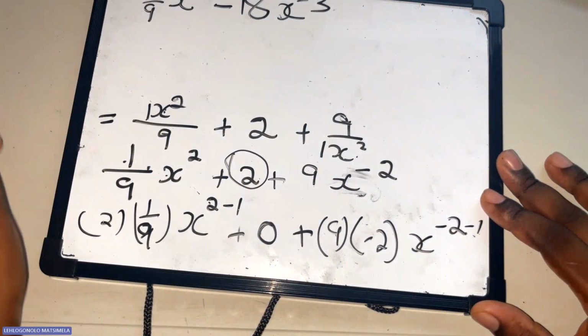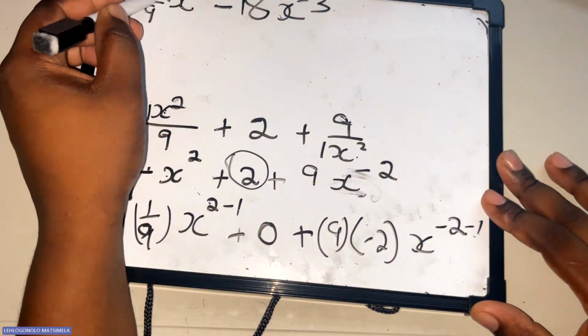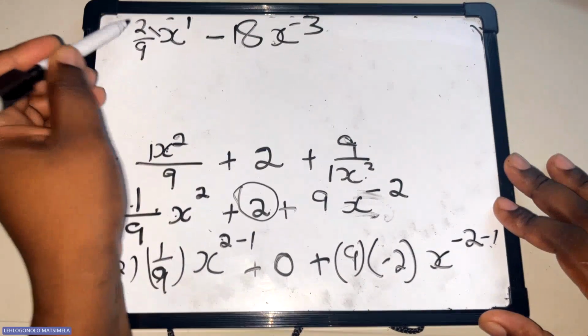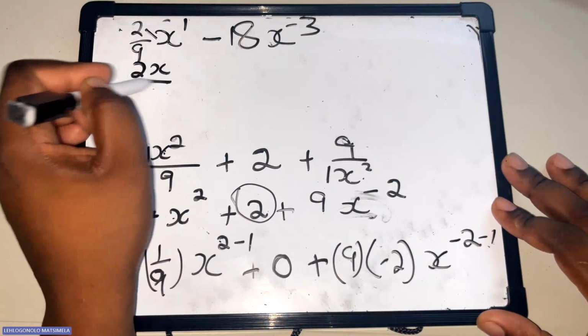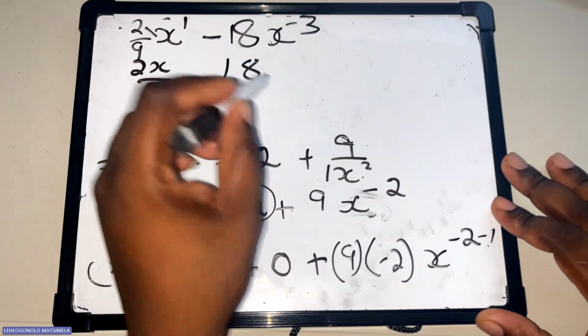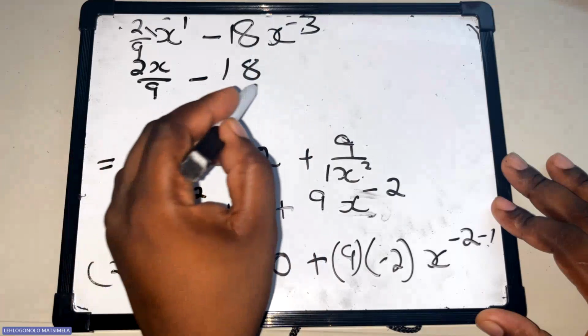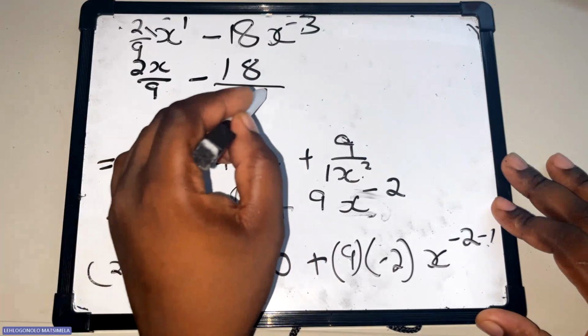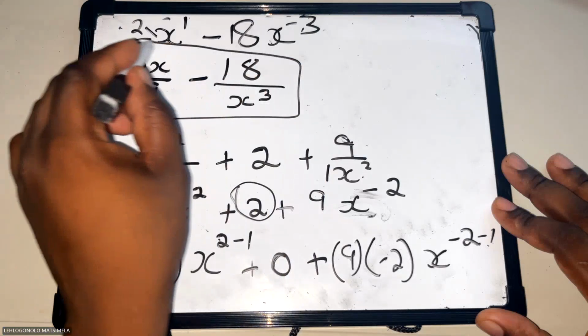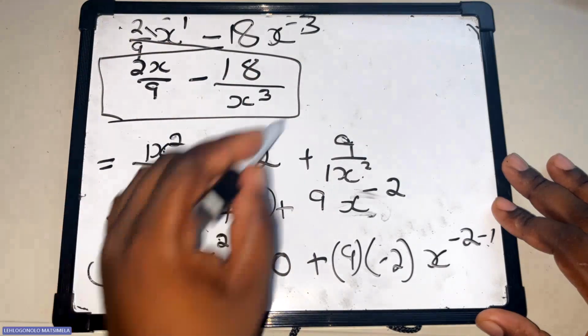So now here I can change. How do I change? I return x back to its base, which is 2x divided by 9, then minus 18. I want to remove the negative exponent, so what goes with x goes below. Then you have the right answer, this one.